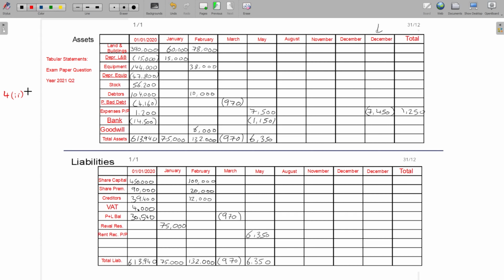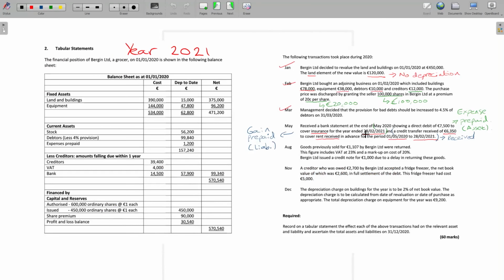Now, the other thing you have to do is you have to look back at the gain, or the rent receivable. So this one's going to be a bit easier. We received 6,350. How many months was it for? Well, it was from the 1st of May up to the 28th of February. So you have all of May, June, July, August, September, October, November, December, which is 8 months for 2020.